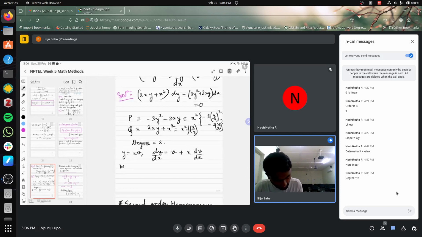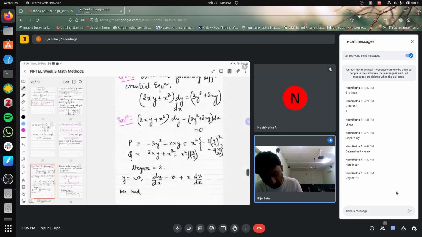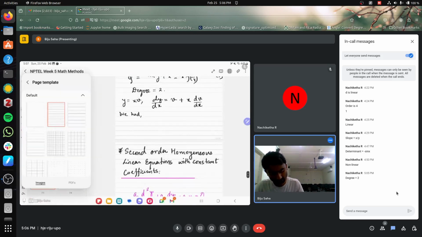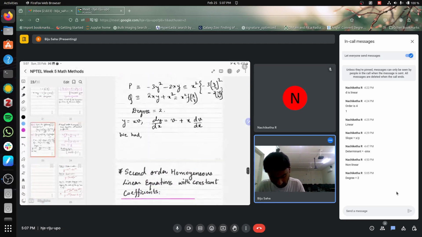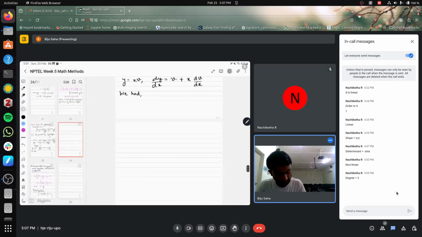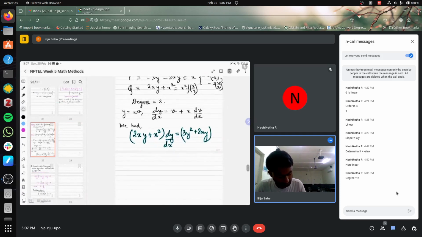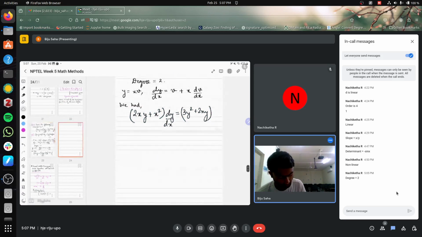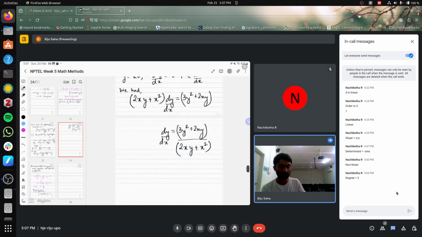We had this particular equation. Yeah, this is how the equation was.